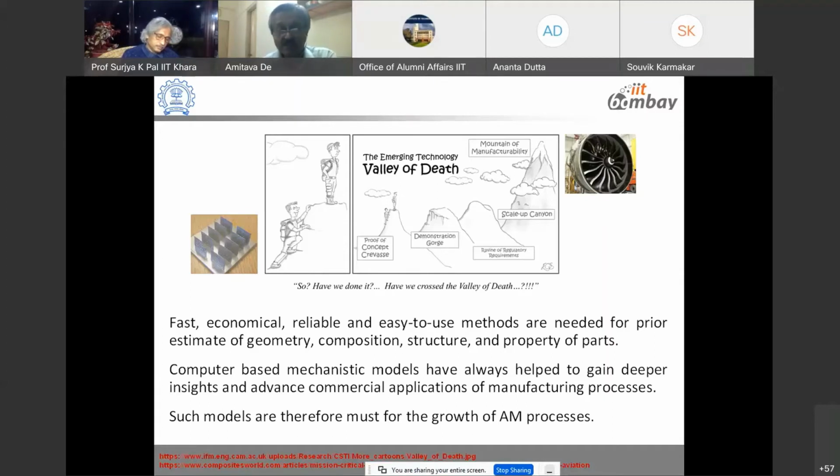Computer-based mechanistic models, as most of you know, have always helped to gain a deeper understanding of manufacturing processes, because in most manufacturing processes there is a physical phenomenon or a set of physical phenomena involved. There is some heating, some melting, some solidification, some deformation, some fracture, propagation of crack in machining, for example. So there are always some kinds of physical phenomena which are described by equilibrium laws or constitutive laws, which are well derived, well established.